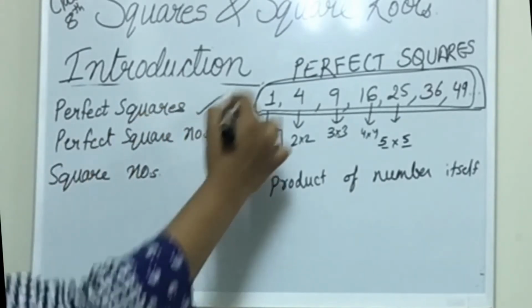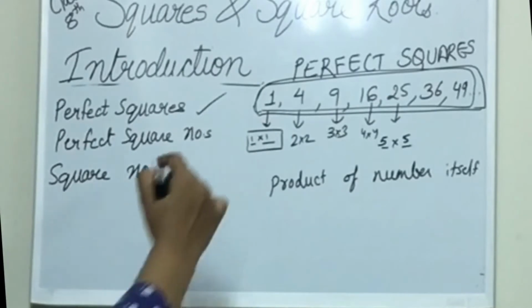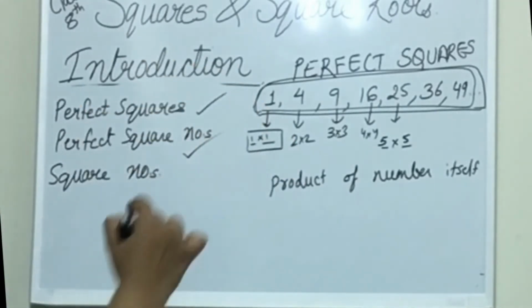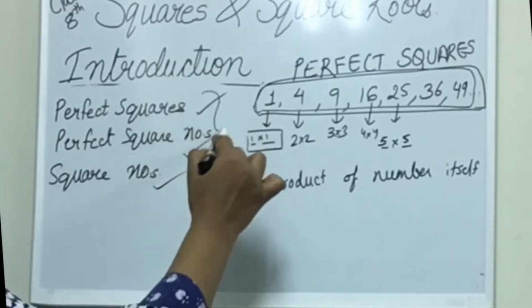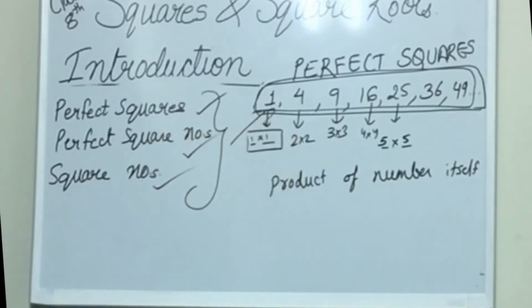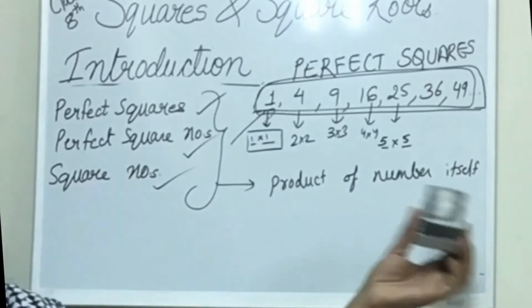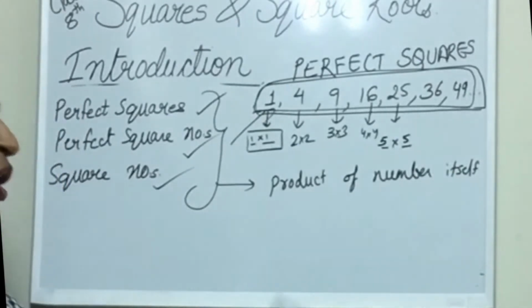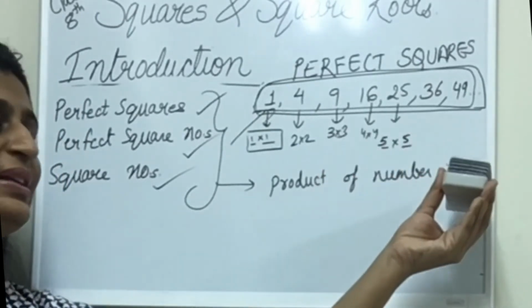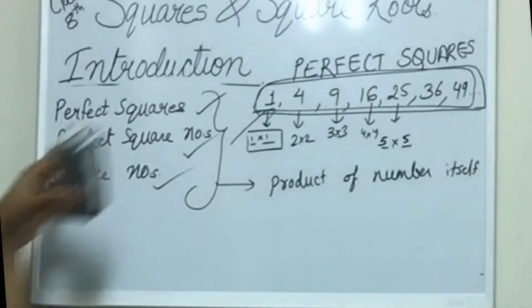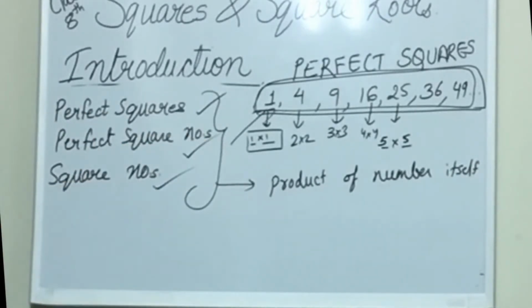You either call them perfect square, perfect square numbers, or square numbers. They all mean the same. What same? They can be expressed as product of two same numbers, or when a number multiplied by itself gives us perfect square numbers or square numbers or perfect square.